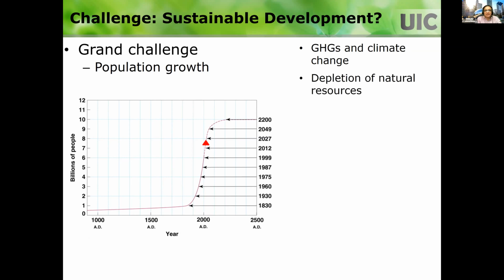That's a big problem. And depletion of natural resources. Everybody needs a phone, right? Making a phone requires a lot of natural resources, and we have only a limited amount of natural resources, and once we run out of that, these companies cannot make phones anymore. Increased waste generation.